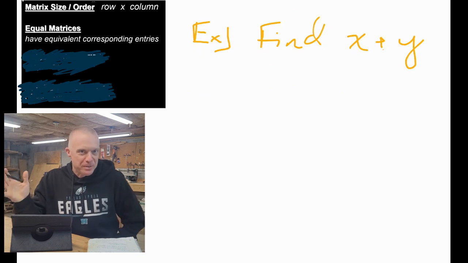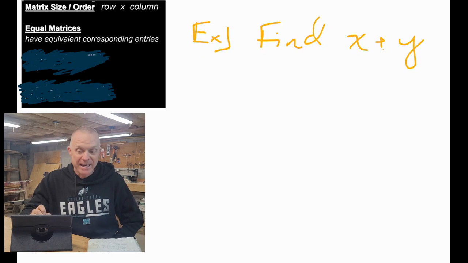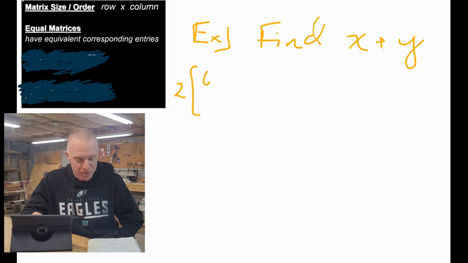Let's continue to look at some matrix essentials by finding x and y through this little matrix problem. Now, I'd like to show it to you first, so just jot it down with me. Notice I have a 2 that's in front of a matrix that contains 6, -3, x, and 0.